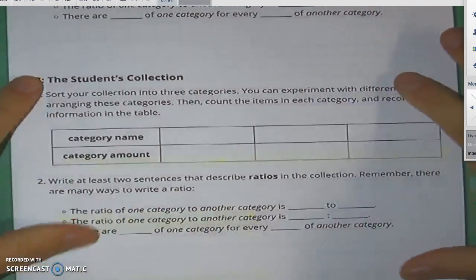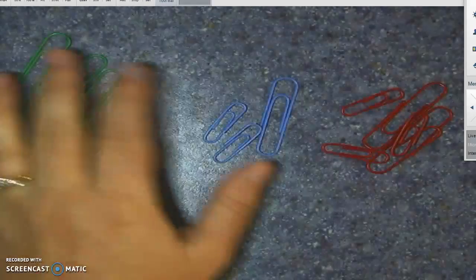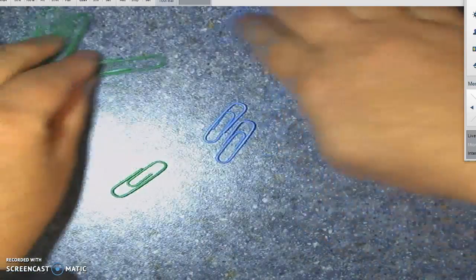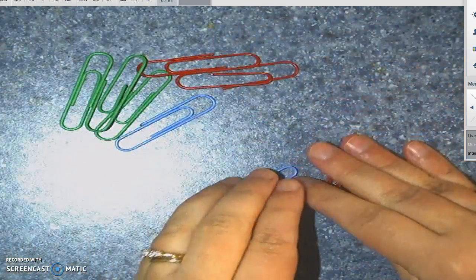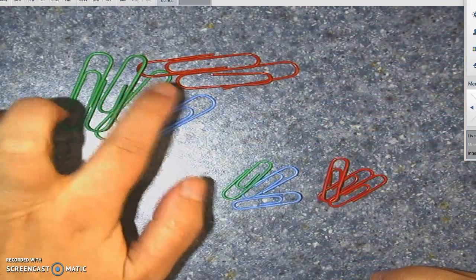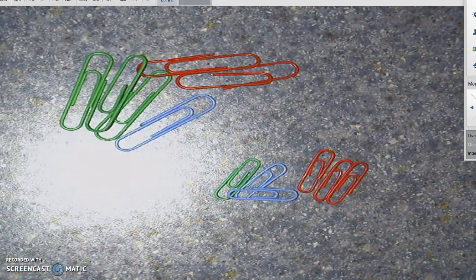And then they wrote 2 ratio statements. So another example would be the ratio of large paper clips to small paper clips is 6 to 6. The ratio of large to small is 6:6.